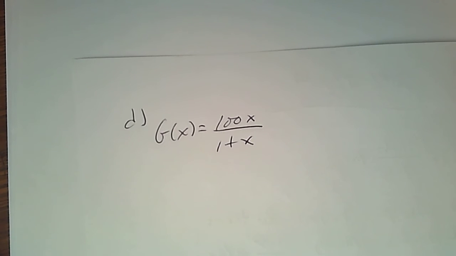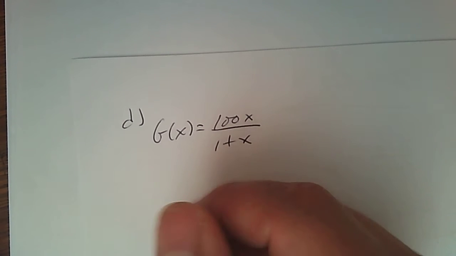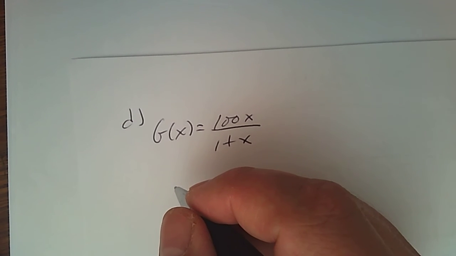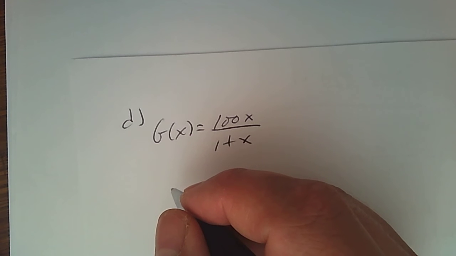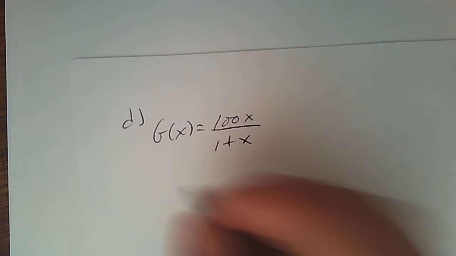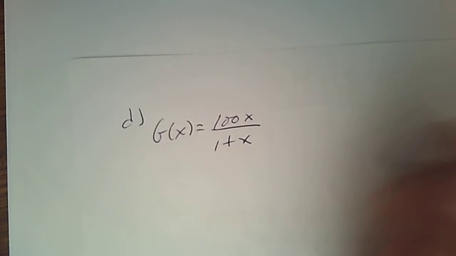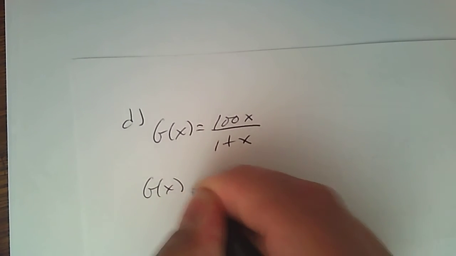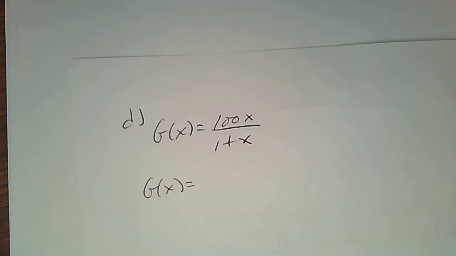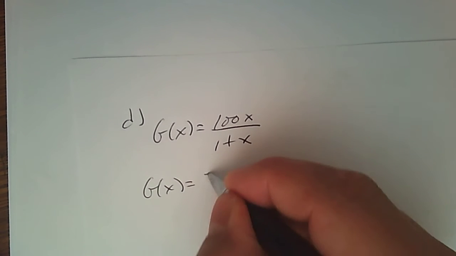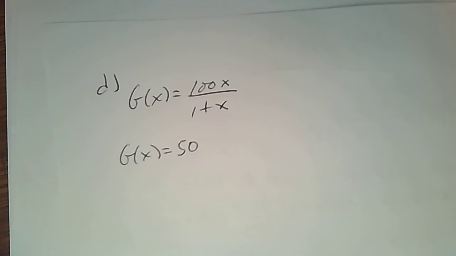When the tree is 50 years old, tall, the diameter of the base of the tree is increasing at a rate of 0.03. So the diameter is g at x, or the height is g at x, sorry, when the tree is 50 meters tall. So the height is that.